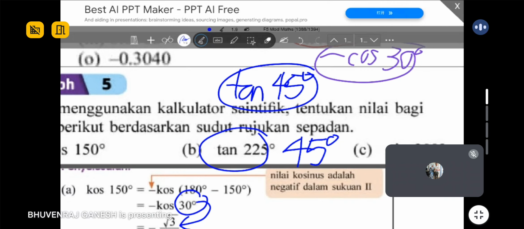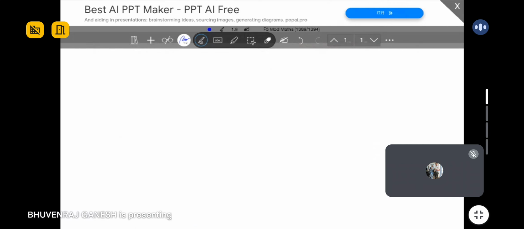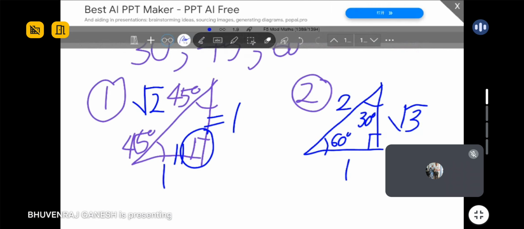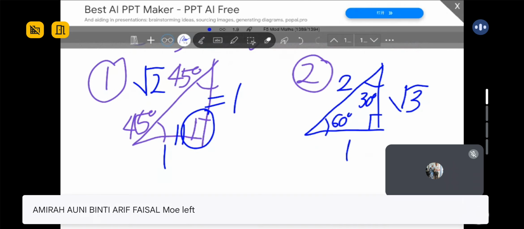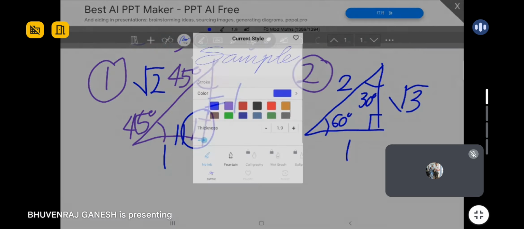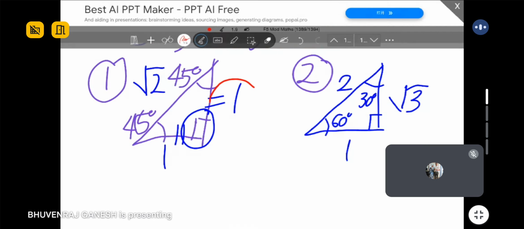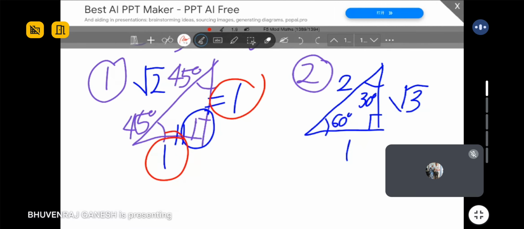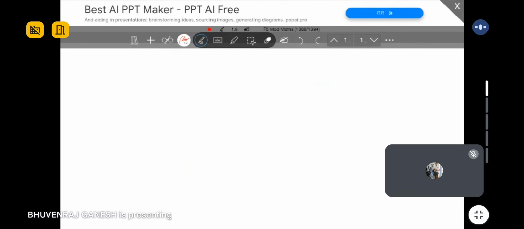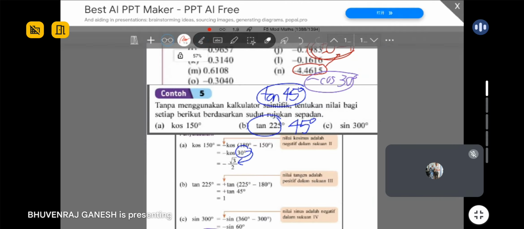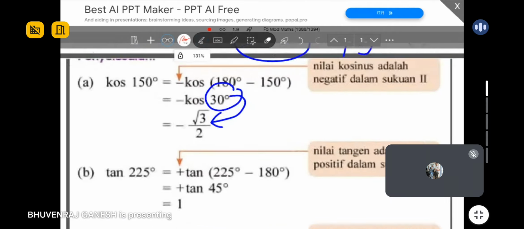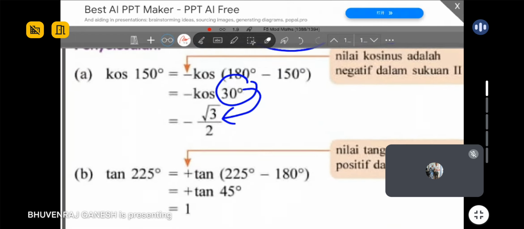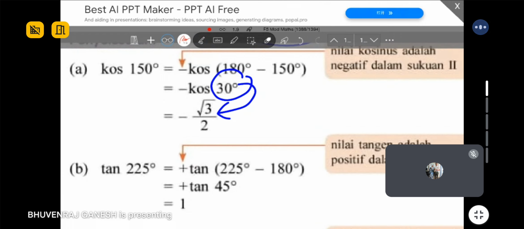If you refer to the triangle, you should get 1, because tangent is opposite over adjacent. Bertentangan bahagi bersebelahan. So 1 bahagi 1, you get 1 also. Satu sahaja jawapan dia. Okay?